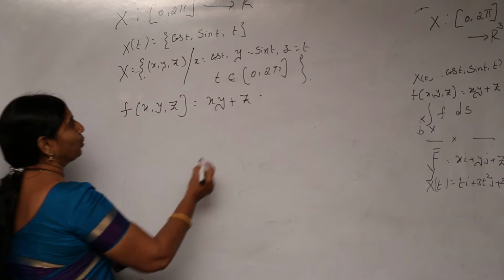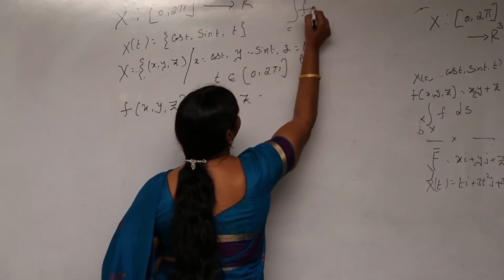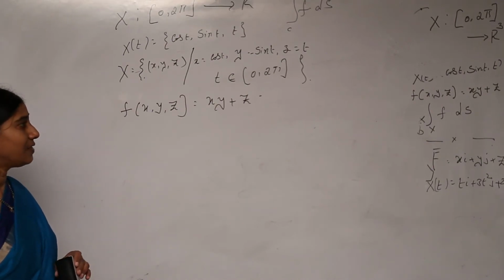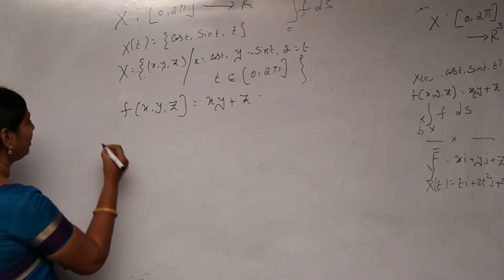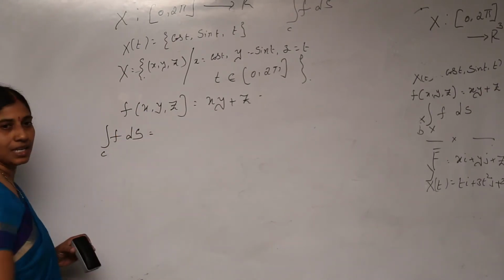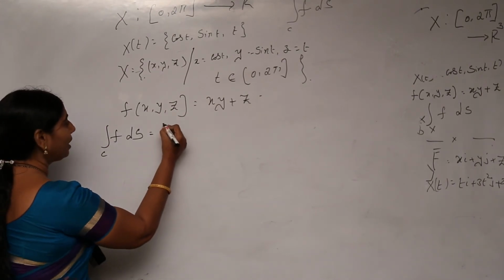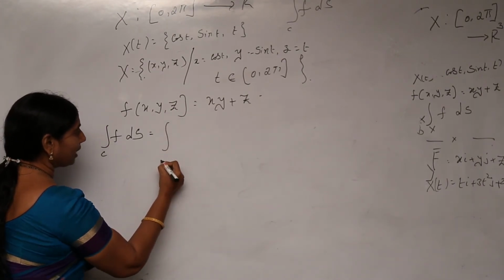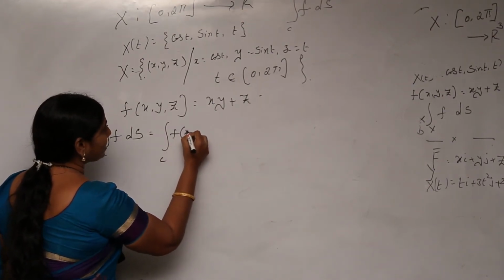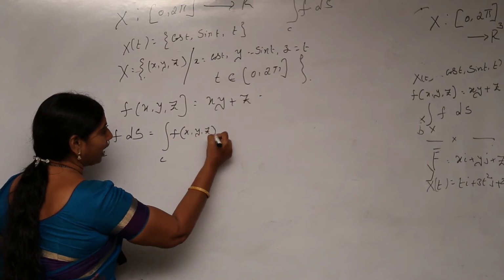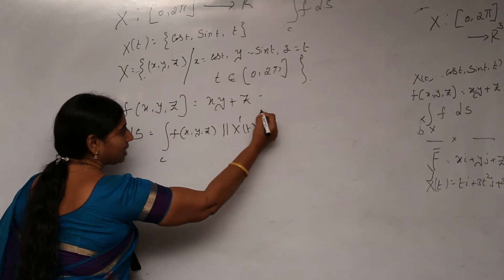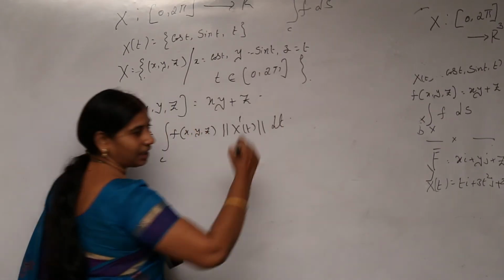How do we compute the integral along the curve C of f ds? What we want is the integral along the curve C of f of x, y, z times norm x'(t) dt.